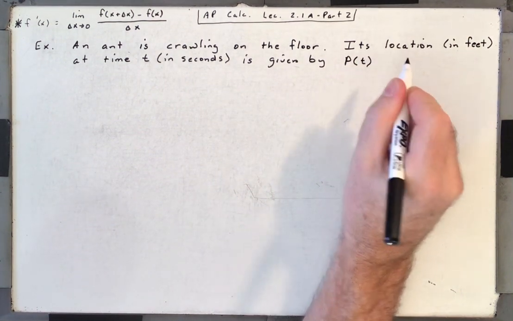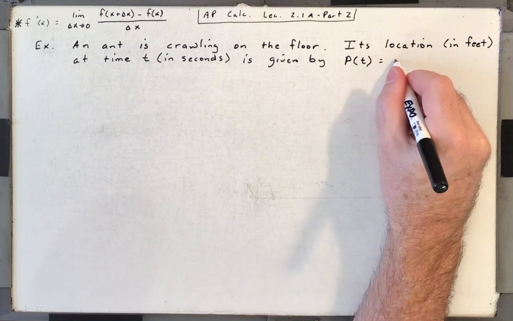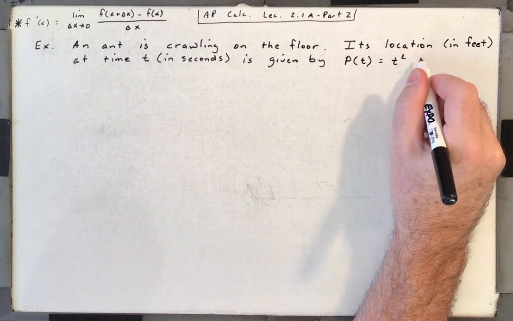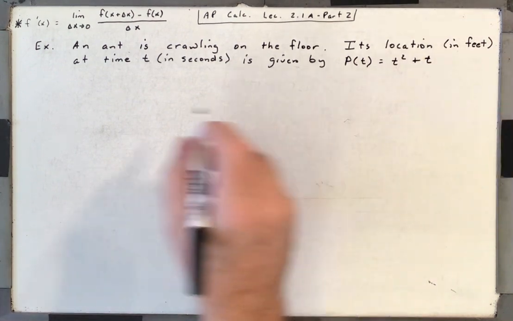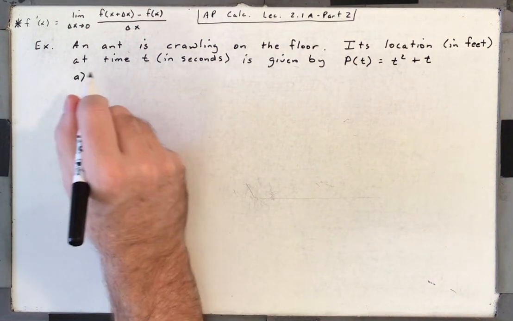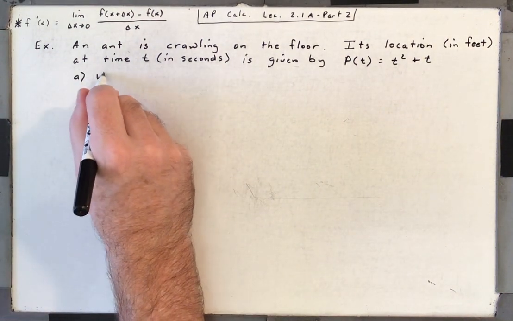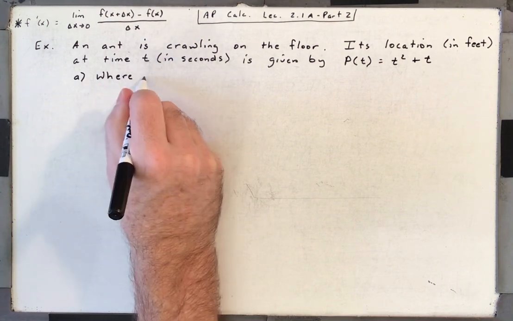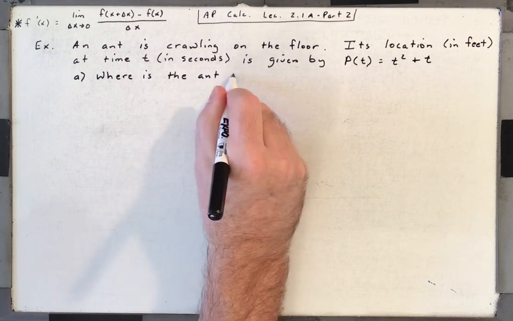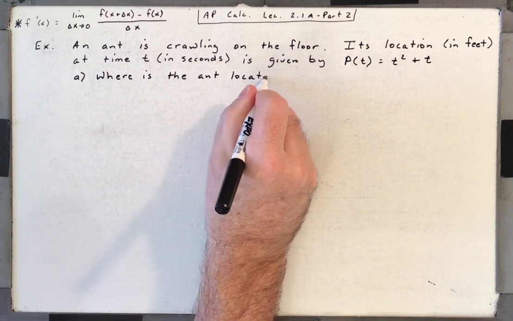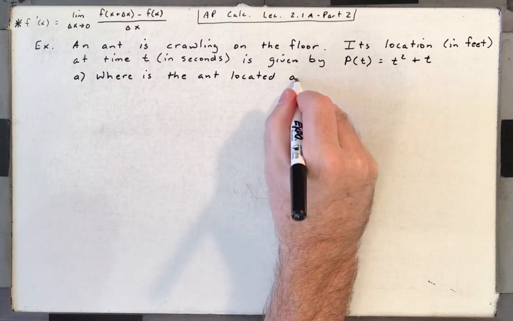So instead of f of x, we're using P of t, but it's the same process. P of t is equal to t squared plus t. Okay, so question A is, where is the ant located after 2 seconds?